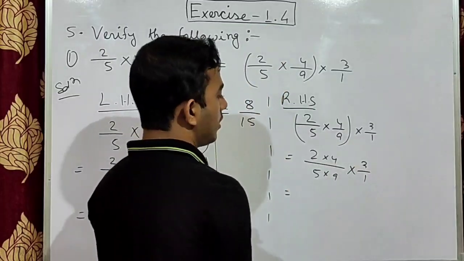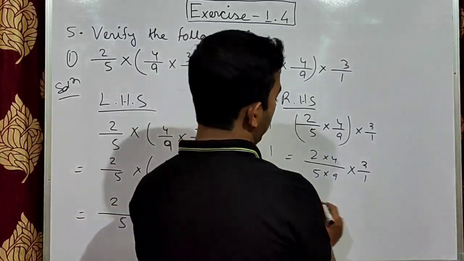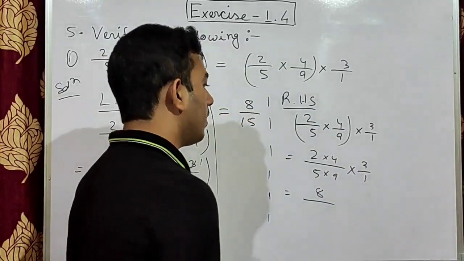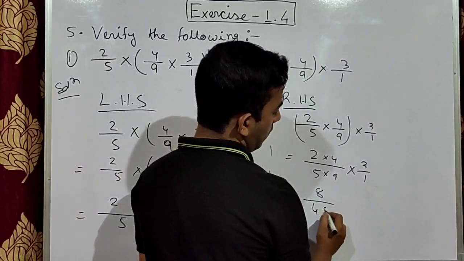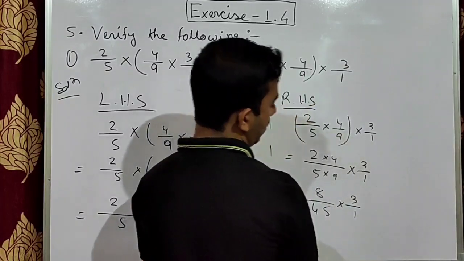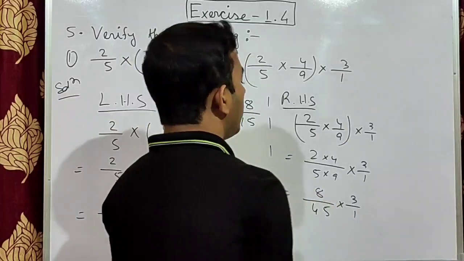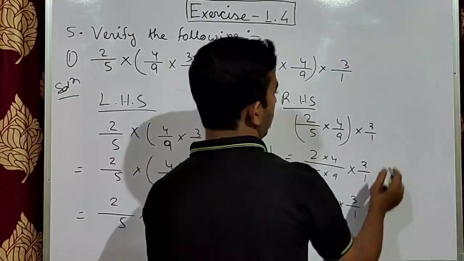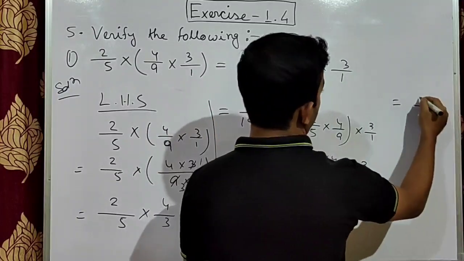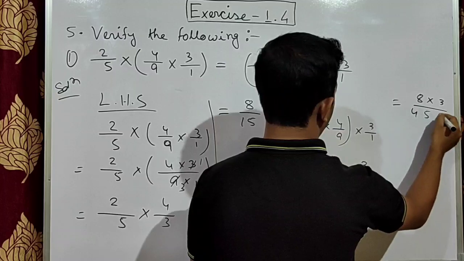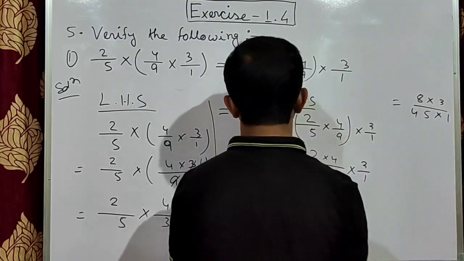So here nothing is possible to cancel. So multiply 2 into 4 is how much? 8. 5 into 9 is how much? 5 into 9 is 45. 45 into 3 by 1. So here again numerator into numerator, denominator into denominator. So we'll write 8 into 3, 45 into 1.